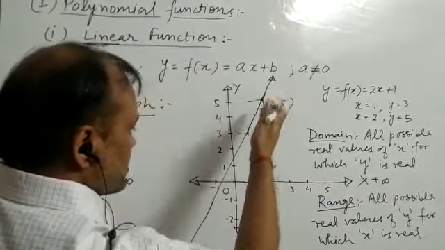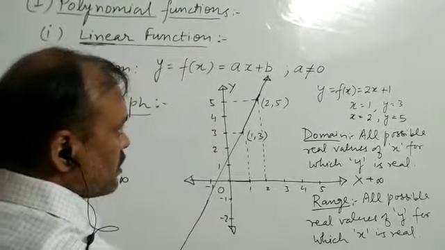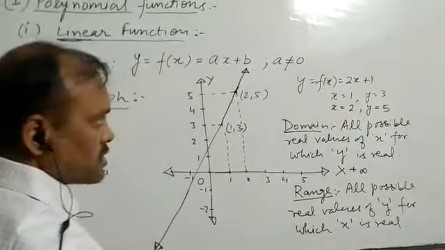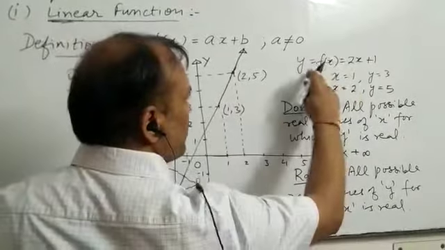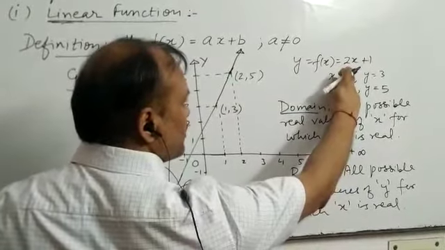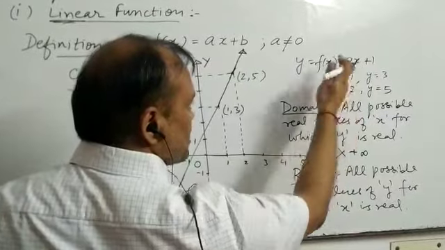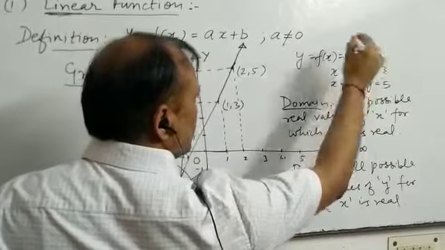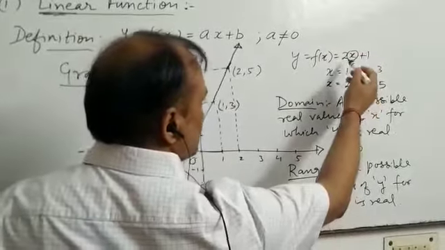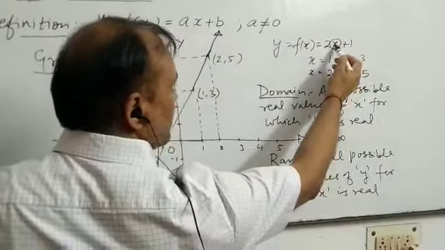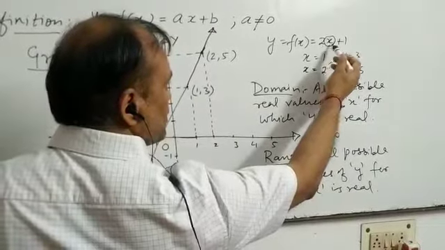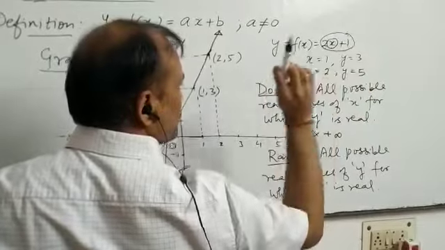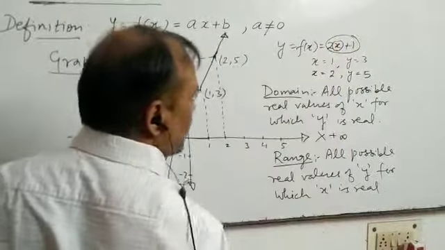Either you understand with the help of the graph, or with the help of the defining statement of the function, because definition comes first. If you put any real value of x over here, 2 multiplied by a real number always gives a real number, and +1 is a real number. So this total is always going to be a real number for any real value of x.